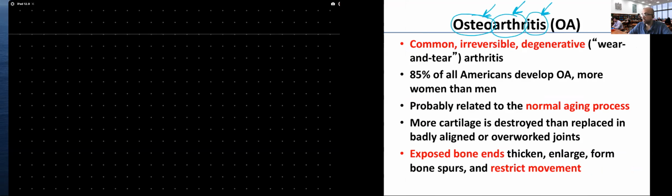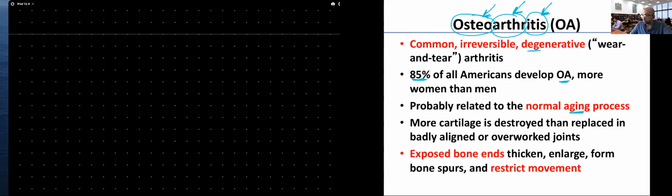Osteoarthritis is a common irreversible degenerative arthritis in which the cartilage is broken down. It is so common that almost 85% of all Americans will develop osteoarthritis. It's more common in women than men.